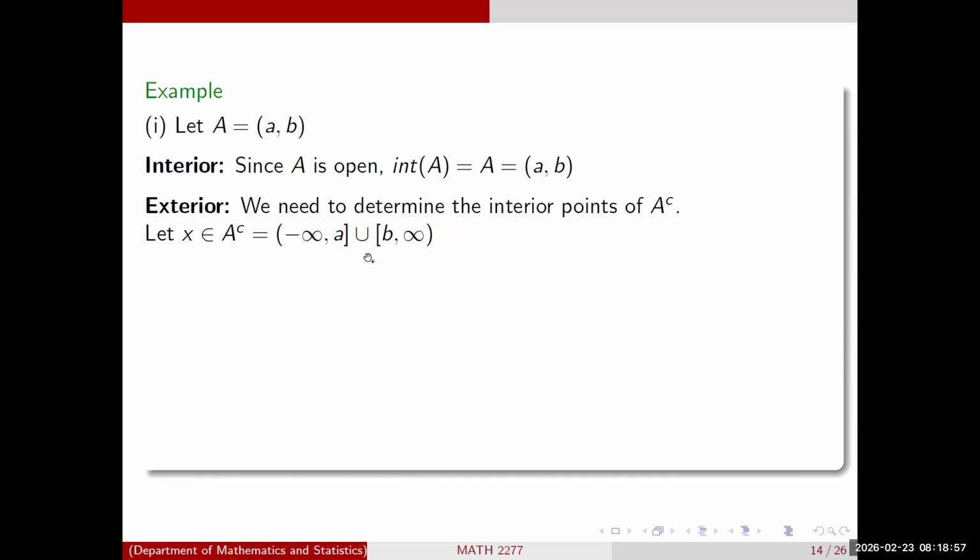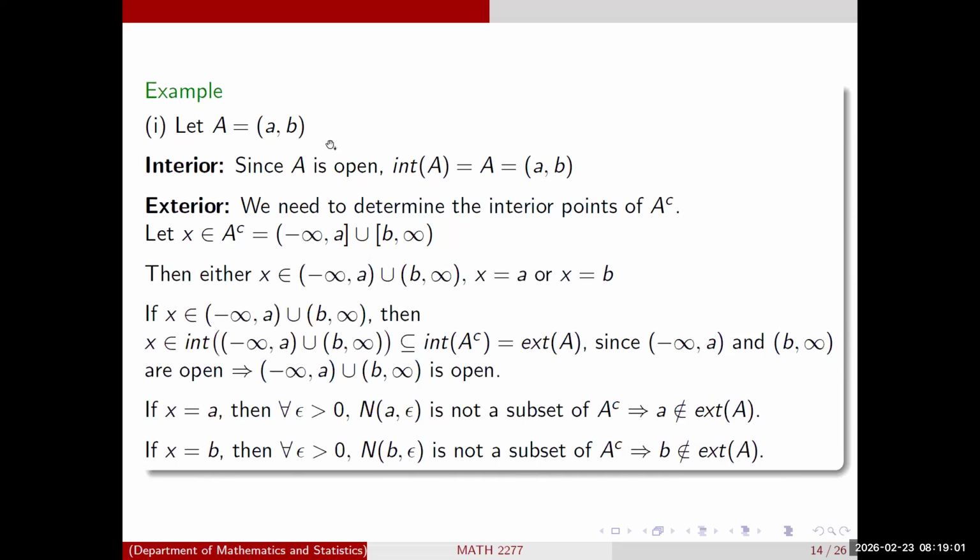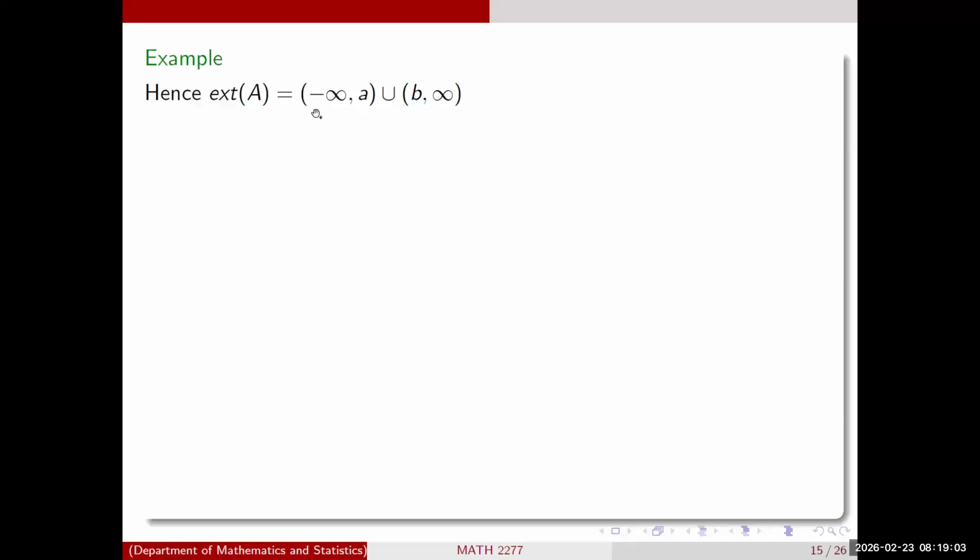That's the largest open set you could fit in there. And that is exactly what the exterior was, right? The exterior is the interior of a complement. So it gives you a good idea as to what you should expect the exterior to be. Of course, you then need to go and verify each individual point, just like you see in this example.